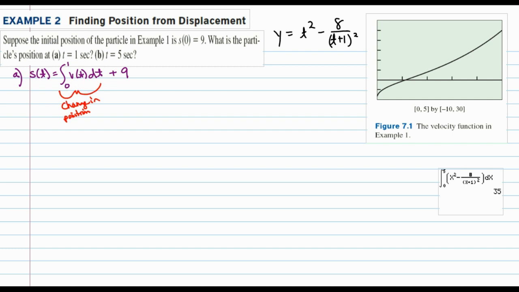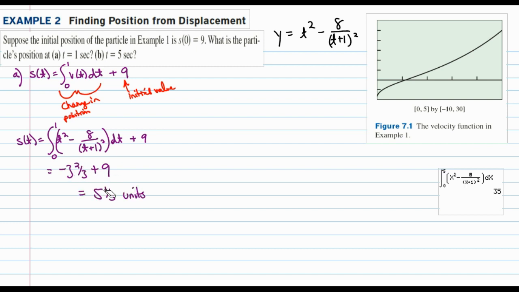So here's your change in position plus your initial value. That will equal your final position. Taking the antiderivative of the equation from example 1 in my calculator, I get negative 3 2/3 plus 9, which means the final position of the particle is going to be 5 1/3 units at 1 second.